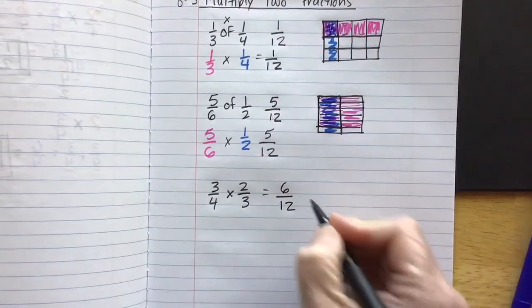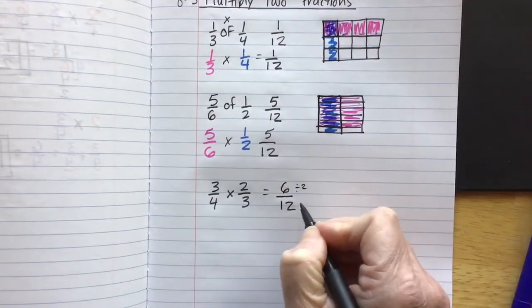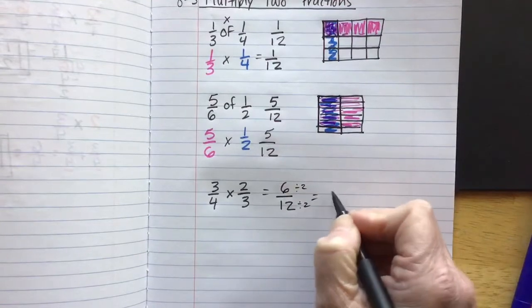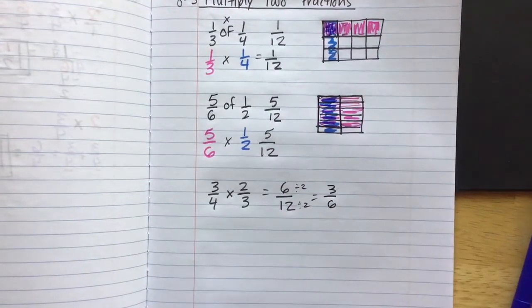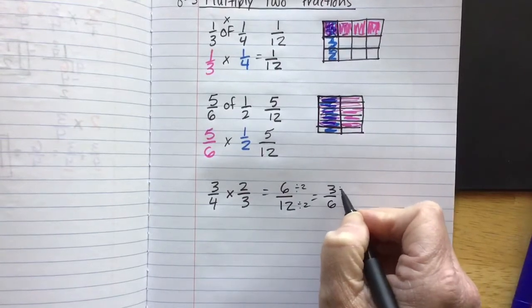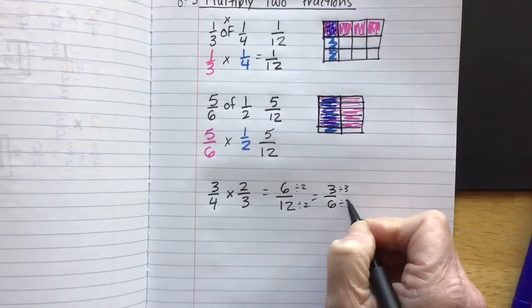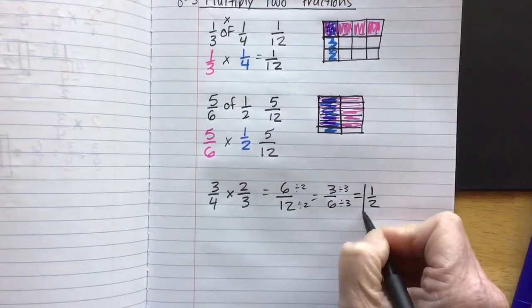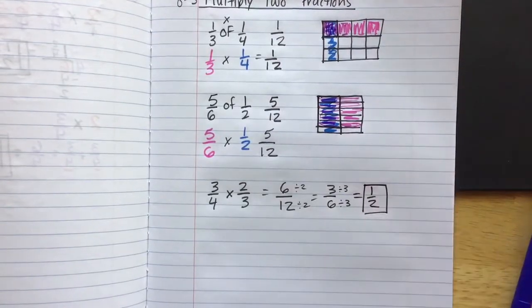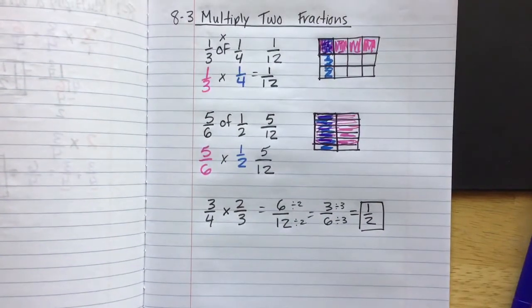Sometimes you have to simplify. 3/6. Sometimes you have to simplify again. 1/2. Boom. There you go. Multiplying two fractions using area model.